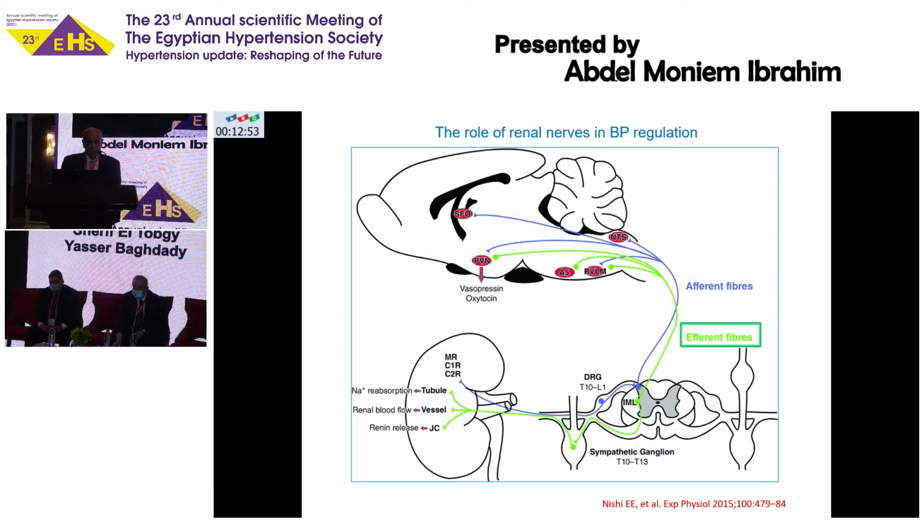The fibers coming from the CNS to the kidney are the efferent sympathetic neurons.